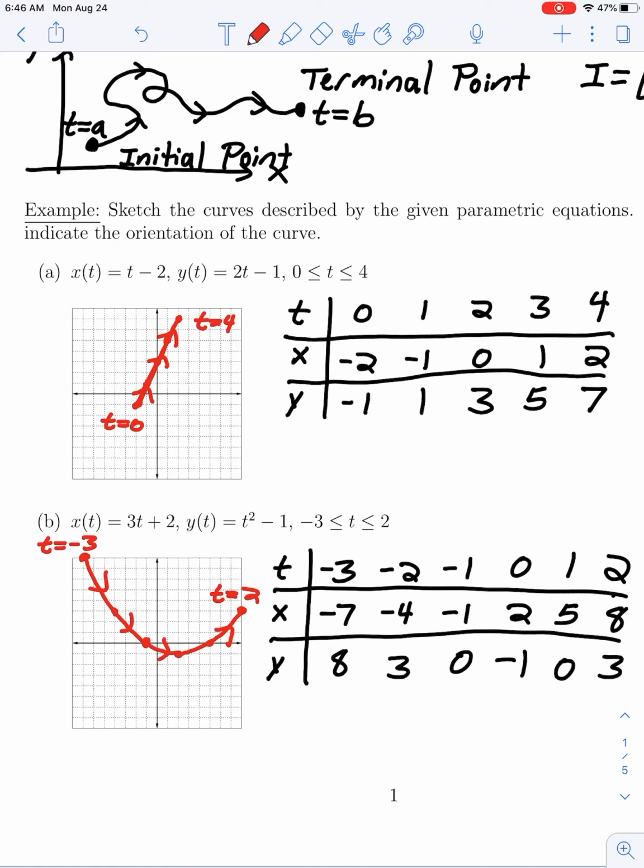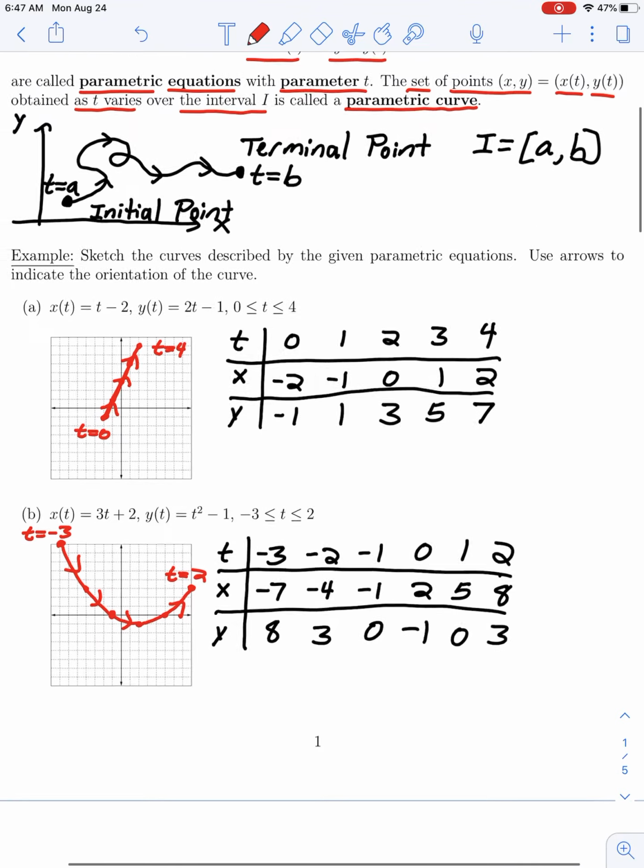It's a little time-consuming, and if we have parametric equations which are a little more complicated, maybe involving exponential functions, trig functions, or log functions, well, it's not very easy to evaluate the specific values for x and y unless we're making use of a calculator.